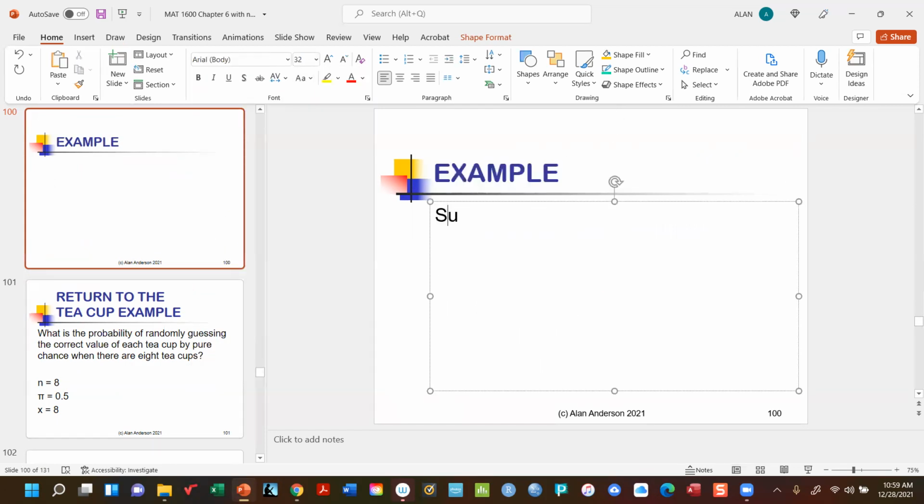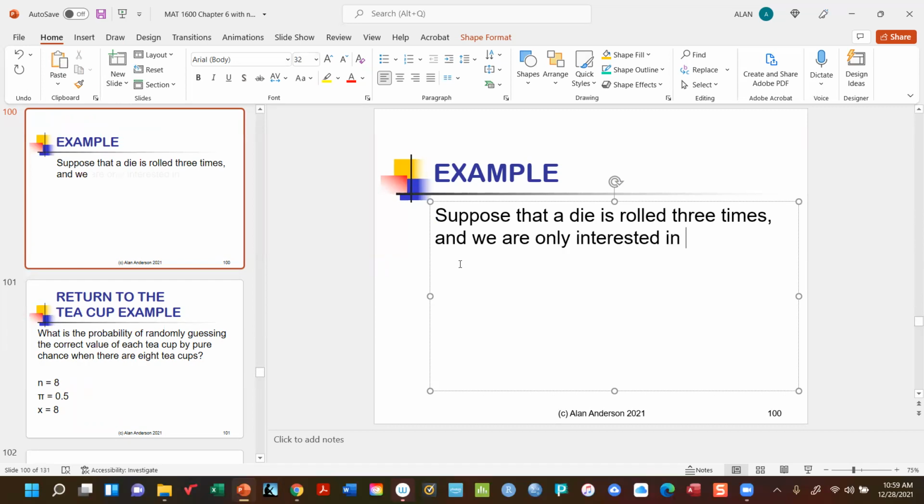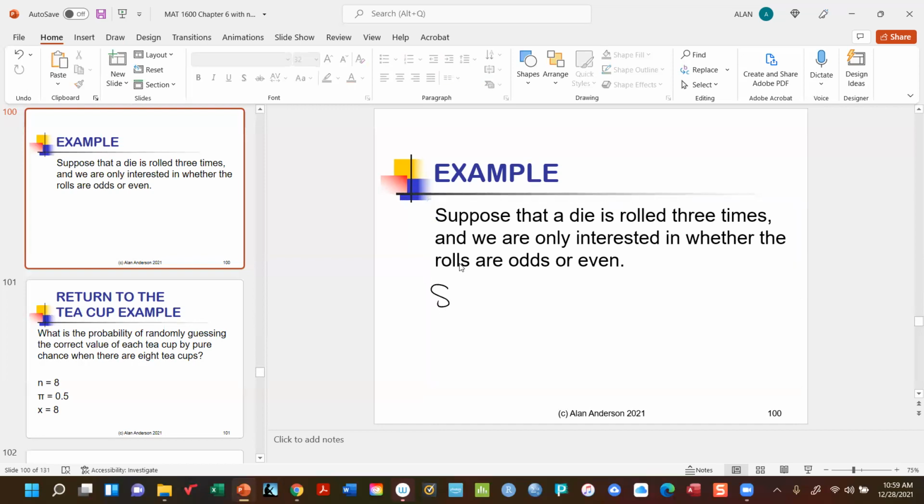All right, suppose that a die is rolled 3 times, and we are only interested in whether the rolls are odd or even. I'm going to show you the sample space for this experiment. It'll be a lot messier than what we had before.